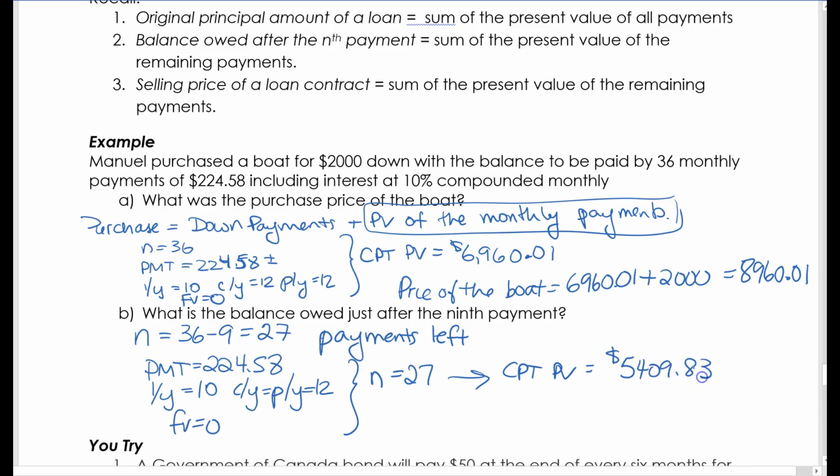That's the beauty of the calculator. The information's there, so when you make one change, like asking how much is still owed on the boat after the first 9 payments, you just change the value of N and recompute present value, and you're done. You don't have to worry about formulas.